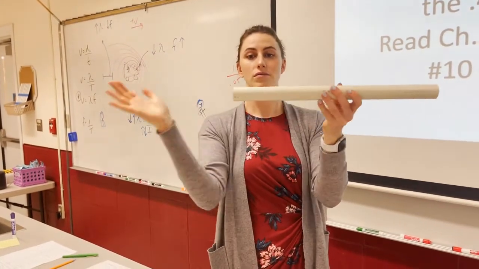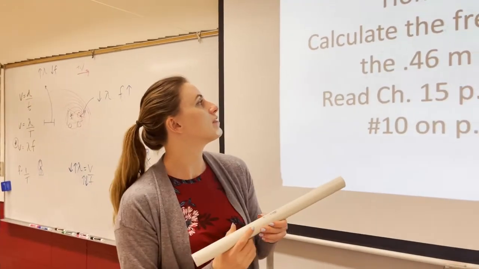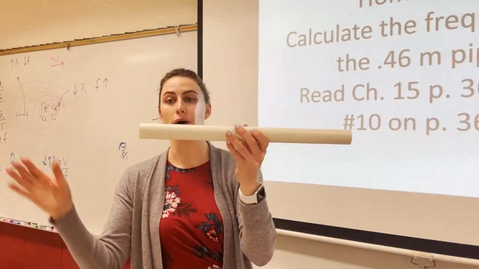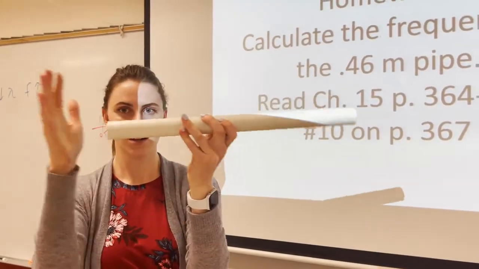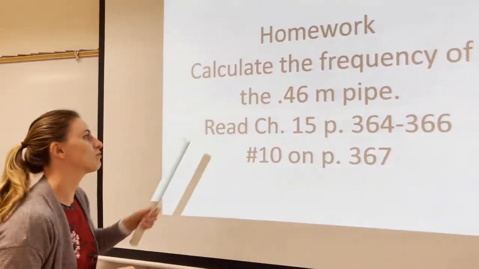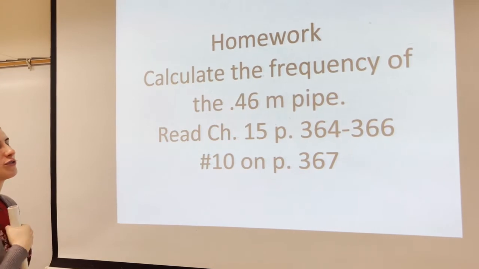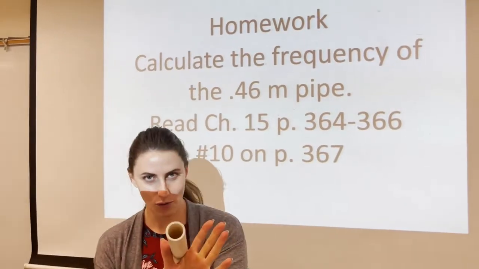It's open. Calculate the frequency of the 0.46 meter open pipe. And then also read chapter 15, page 364 through 366. Do number 10 on page 367. It'll be fun.